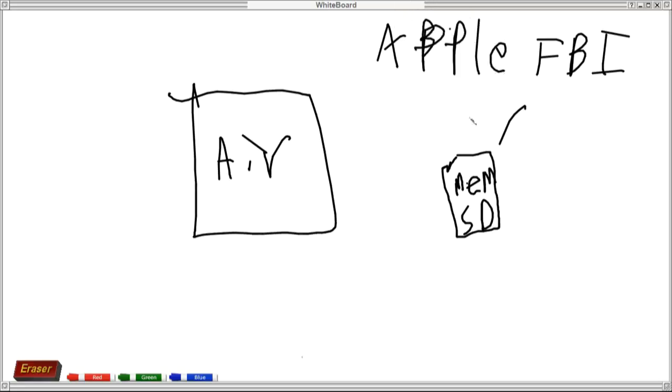Let's say you're Apple, and you want to protect it here. You could protect your data, or whatever data you're storing in here.